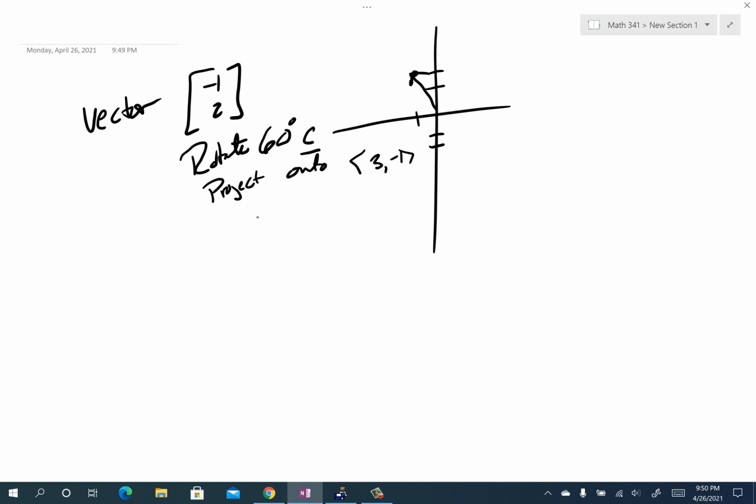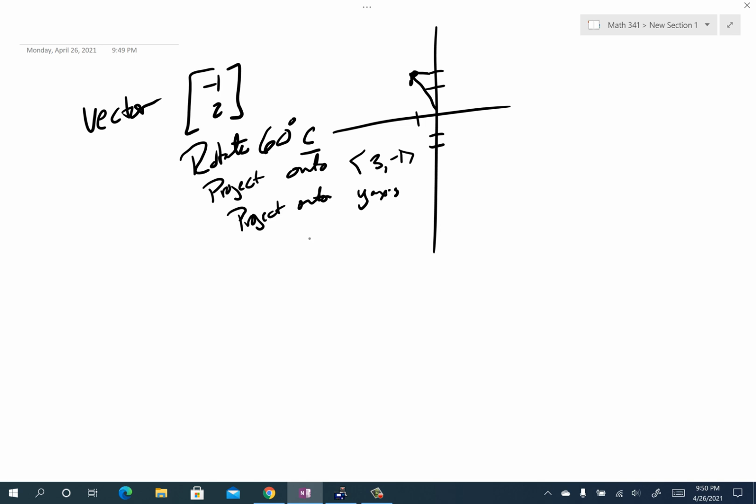And then, well, what should I do? Oh, after that, let's project onto the y-axis. Okay, that sounds like fun.